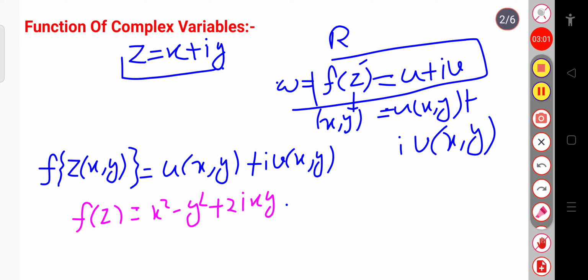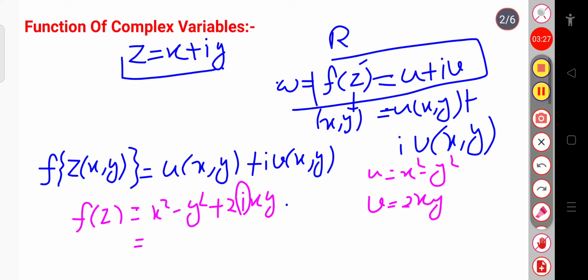Here you can see that u belongs to the real part. So this x square minus y square is u, that is, u equals x square minus y square, and v equals 2xy, because in the imaginary part, except for the i, it will be 2 into xy. So here u equals x square minus y square and v equals twice of xy.